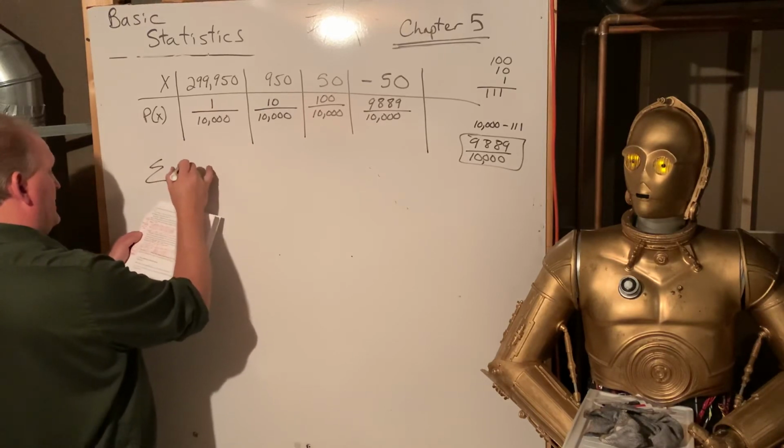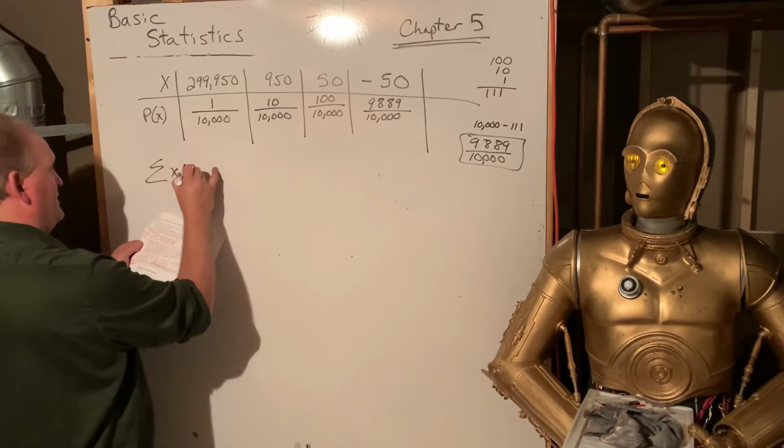So let's do x times the probability of x.